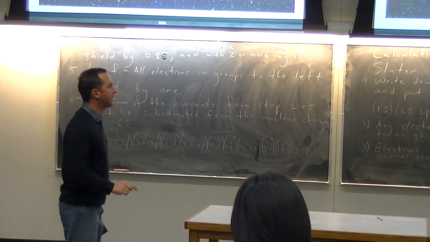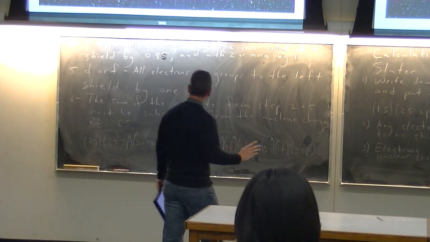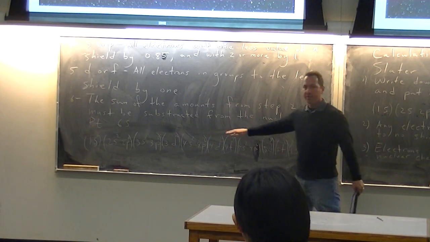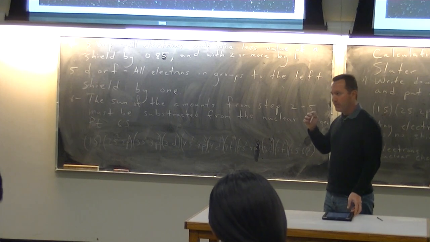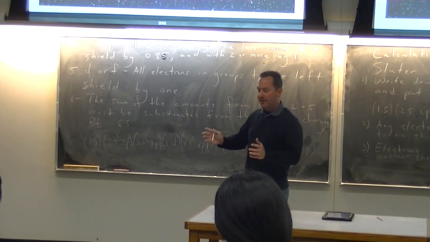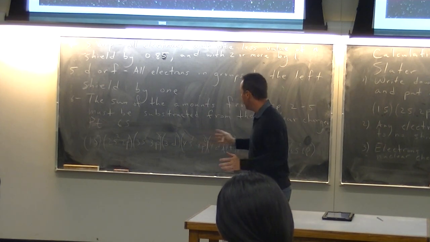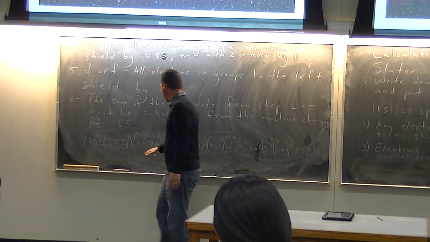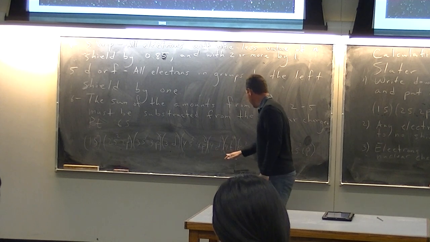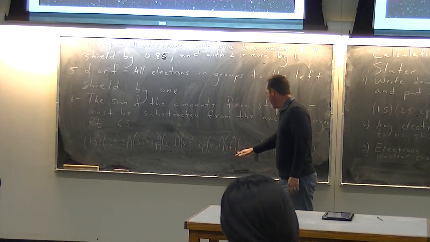Just to finish this. Remember that you're going to write the electron configuration, but you fill it up as you do with the Aufbau principle. There's no problem with these; they're completely filled up to 4f14.